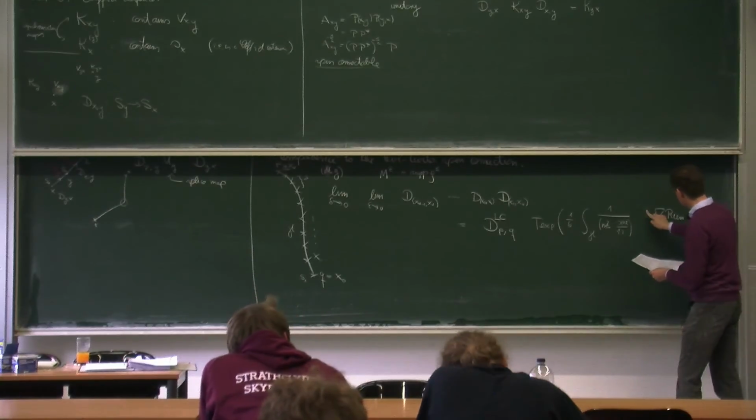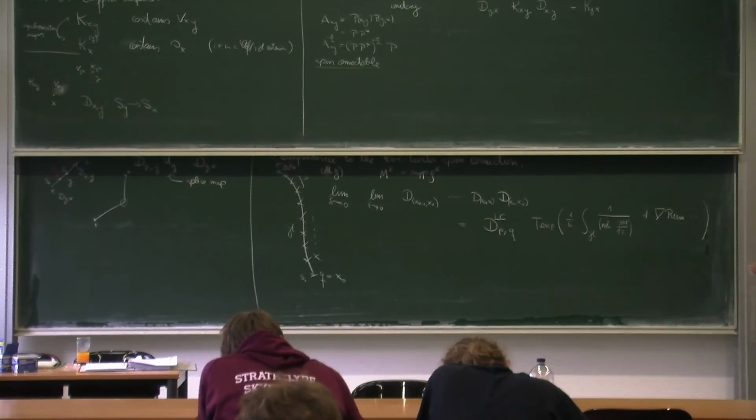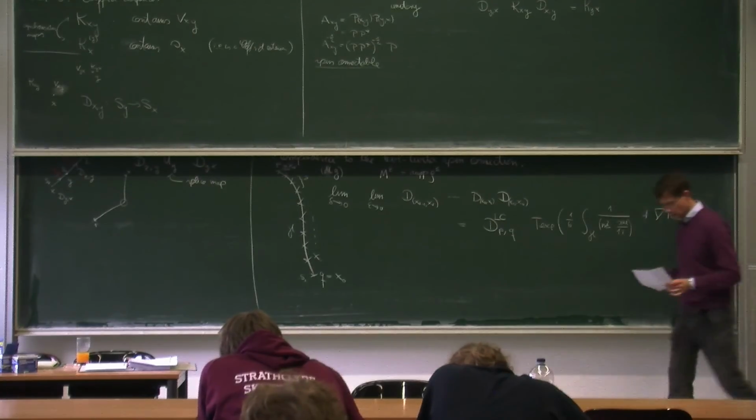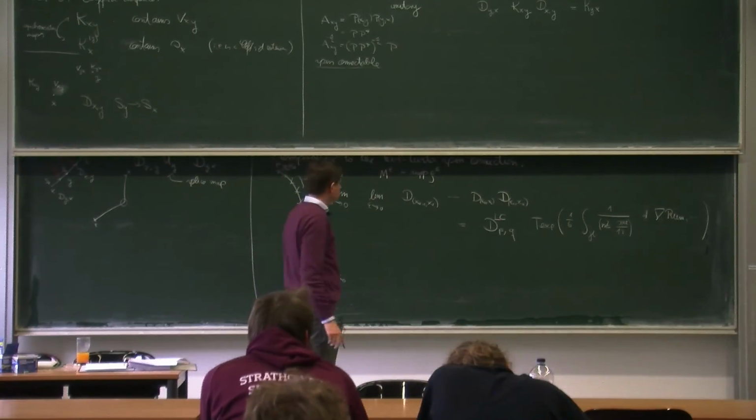Maybe I just write dot, dot, dot, because there's no point in writing out the details. There's still a parallel transport and a parallel transport here, and these indices are somehow contracted and so on. So this is the statement. Well, and this means it does not quite coincide.